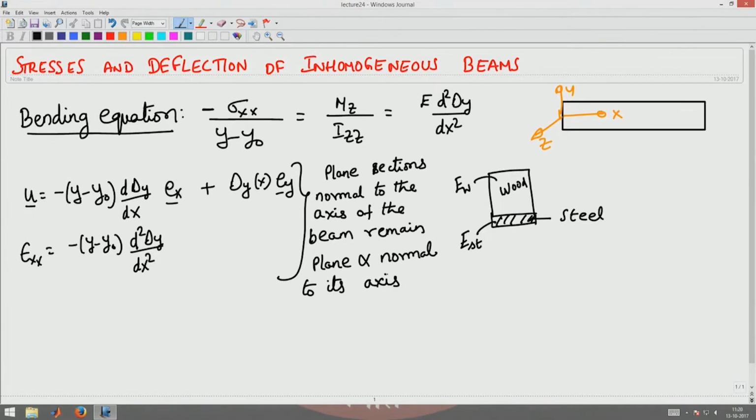This assumption, which is called the Euler-Bernoulli assumption, holds even for an inhomogeneous beam.